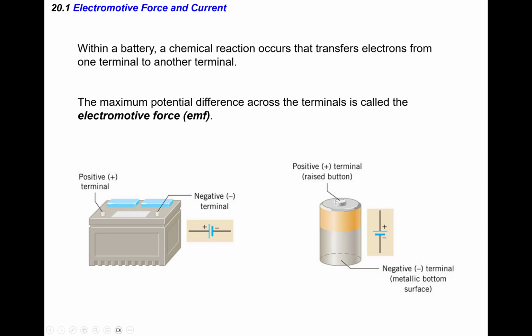Usually if it's a new battery, something like this is about 3 volts, but when the battery wears off, the EMF, the electromotive force, will become smaller. It's the maximum potential difference, and it's also what we call the voltage this battery provides.